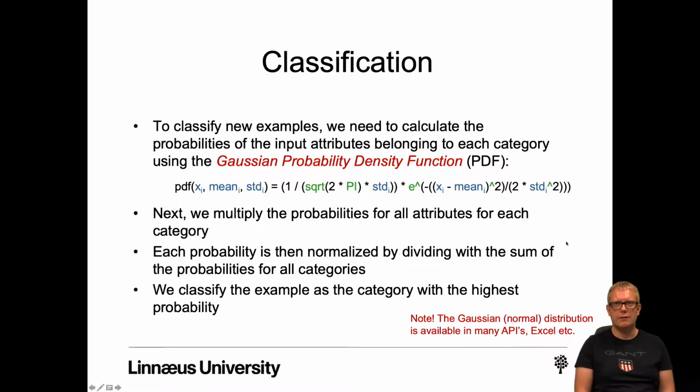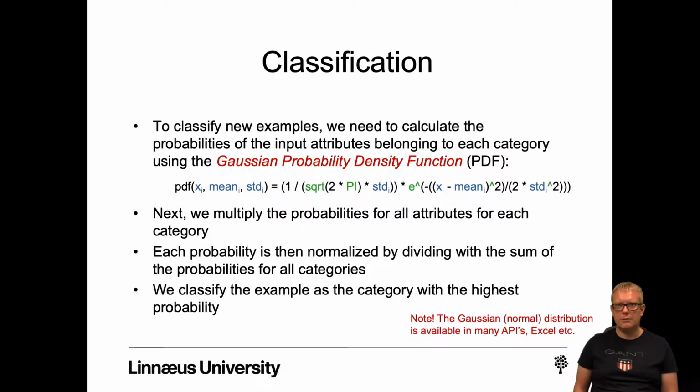Gaussian probability density function. And next, we multiply the probabilities for all attributes for each category. So we have calculated a number of PDF values for each attribute and category, and we just multiply the probabilities for all attributes for each category. And each probability is then normalized by dividing with the sum of the probabilities for all categories.